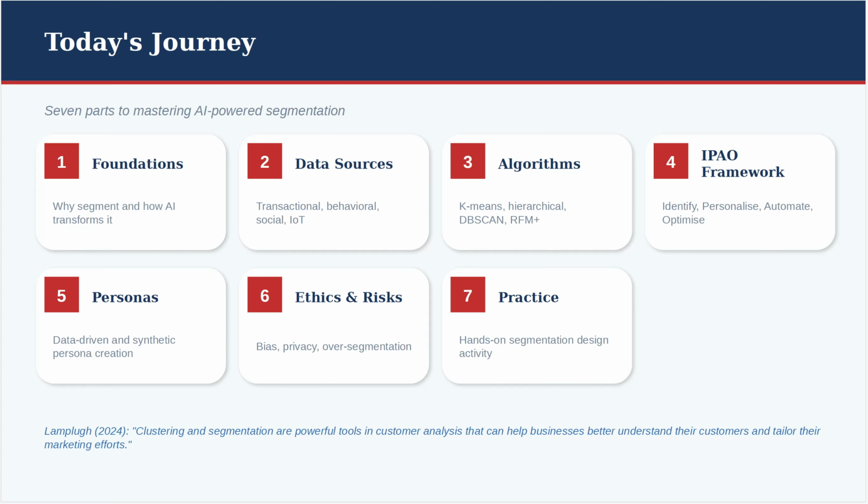Then we've got data sources, where do you get the data from to cluster segments. Then we'll have a look at several algorithms: k-means, hierarchical, DBSCAN, recency, frequency, and monetary. Then IPAO framework, personas, ethics and risks, and practice. So these are the 7 major sections of the day.